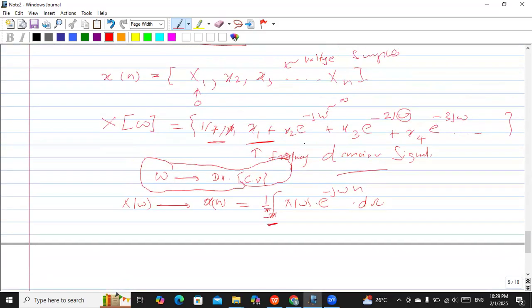So if a time sequence is converted into a frequency domain signal, again it will be a continuous variable frequency domain signal. So omega is a continuous variable.